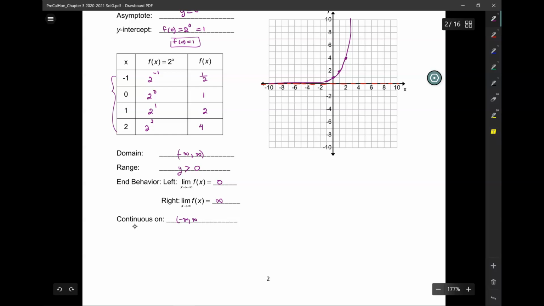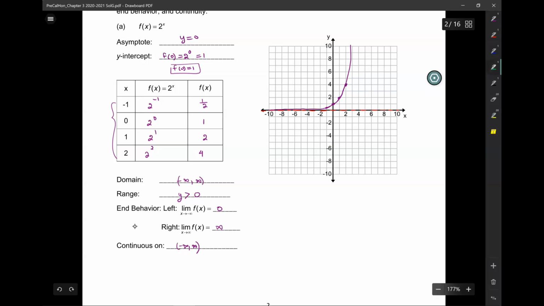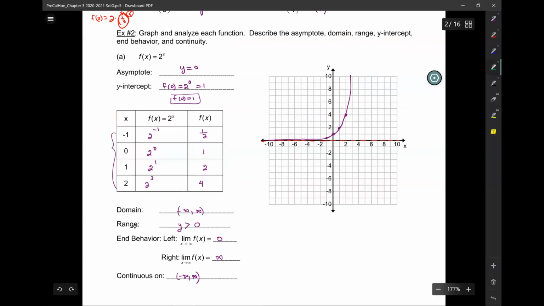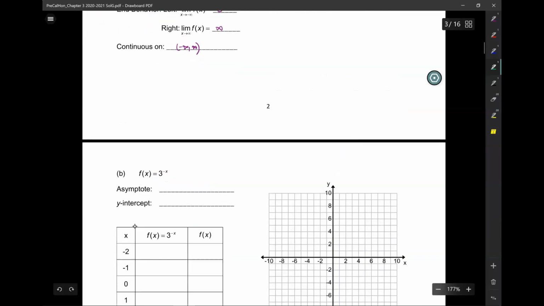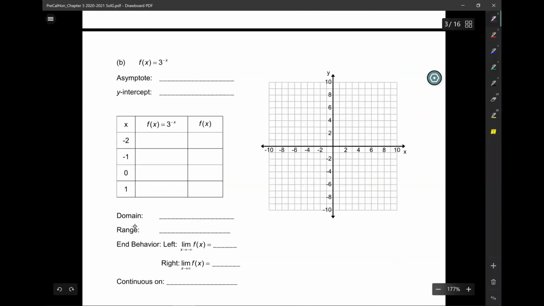And it's continuous everywhere. All right. So as far as the range, if there is a positive coefficient in front, the range is going to be y is greater than 0. If there was a negative coefficient, the range would have been y is less than 0, or the asymptote.